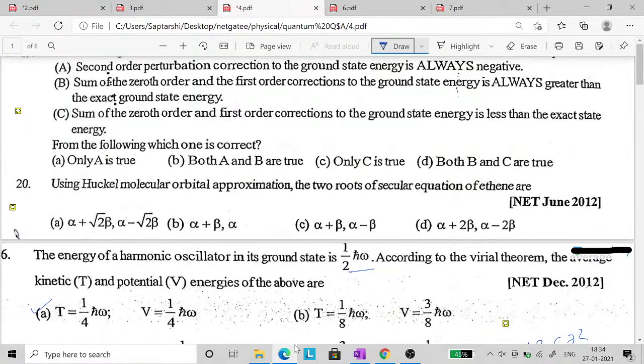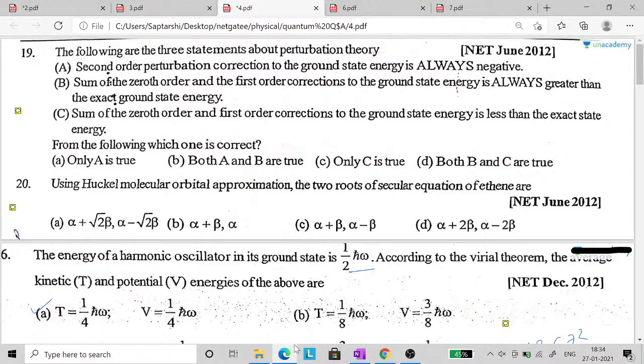First question done, now let us see, it's from perturbation theory. It says the following 3 statements of perturbation theory, and which one is correct, right? It's saying second order perturbation correction is always negative. That's true. That is actually a very true statement. The sum of the zeroth order and the first order corrections of the ground state energy is always greater than the exact ground state energy.